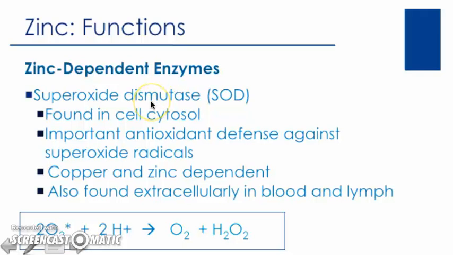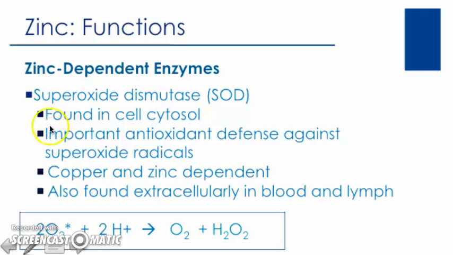So the activity of this enzyme is that it has an antioxidant role. So it's important in our antioxidant defenses, specifically against superoxide radicals. So the superoxide dismutase is an antioxidant defense against specifically superoxide radicals, and we can see the oxygen radical here.